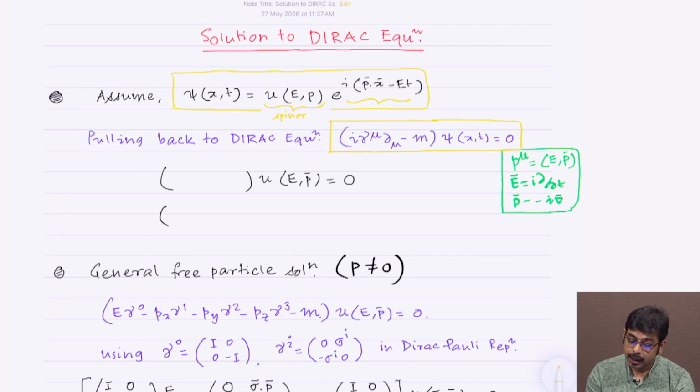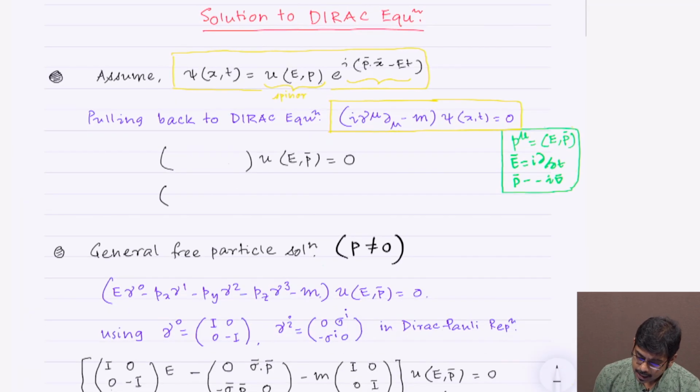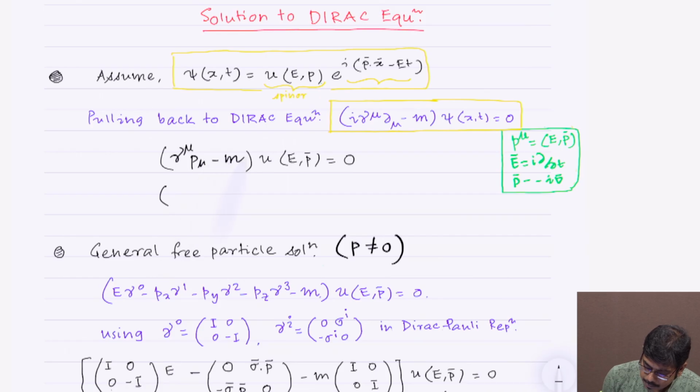Now if we put it back into the Dirac equation and try to find out how exactly u(E,p) solves this equation, what exactly do we get? We did the algebra in detail, and you can go back to your previous calculation to show that this comes out as (gamma mu p mu minus m) u(E,p) equal to 0.